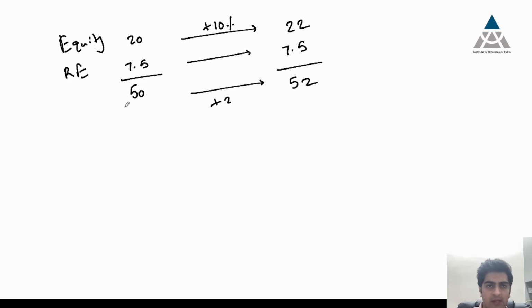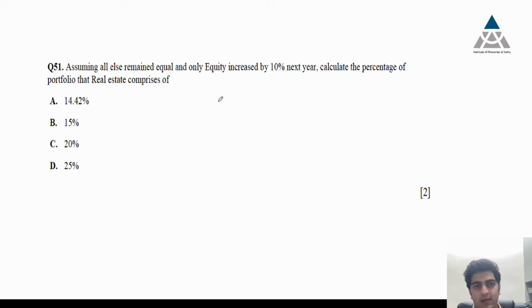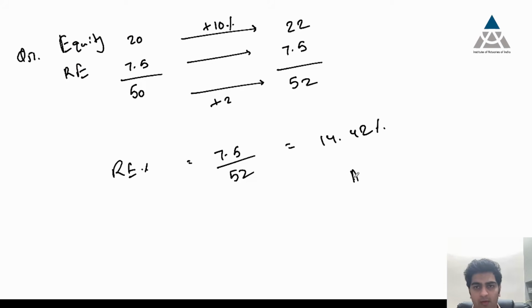So now the real estate percentage for question 51, as part of your total portfolio, is 7.5 over 52 lakhs, and if you calculate this, you should get your answer as 14.42 percent. Do we have this option? Yes, your option A is 14.42 percent. So the answer is option A.